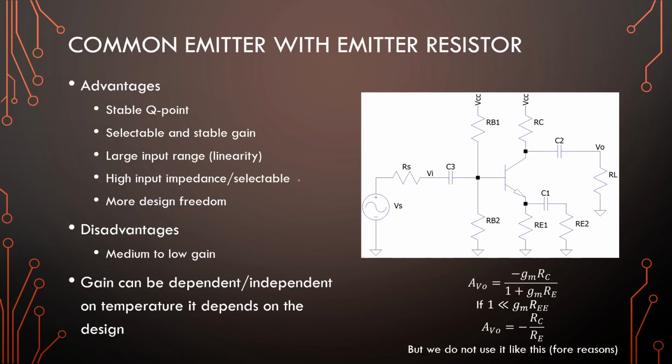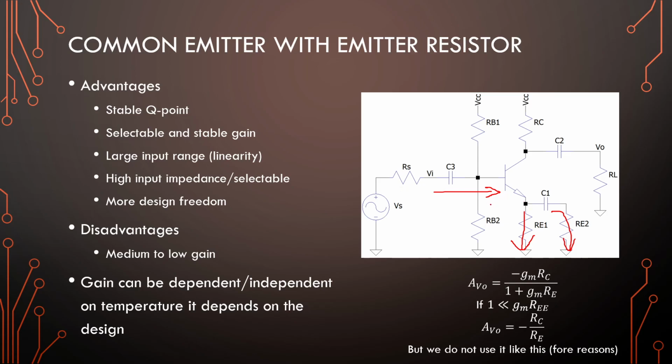Okay, so that's how we get to my favorite amplifier, the split emitter. And the advantages is that we have a stable Q point due to this resistor right here. We can select our gain due to this feedback resistor that we have, which is seen when we have the small signal, the AC part. Its input impedance is increased due to this resistor.